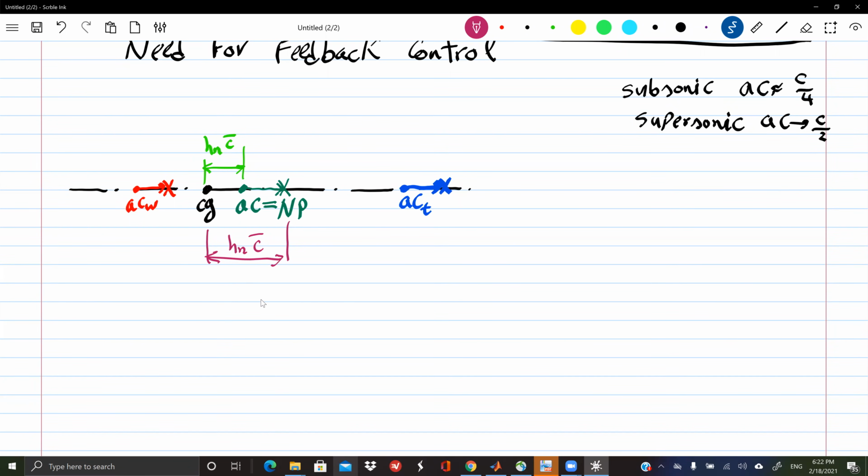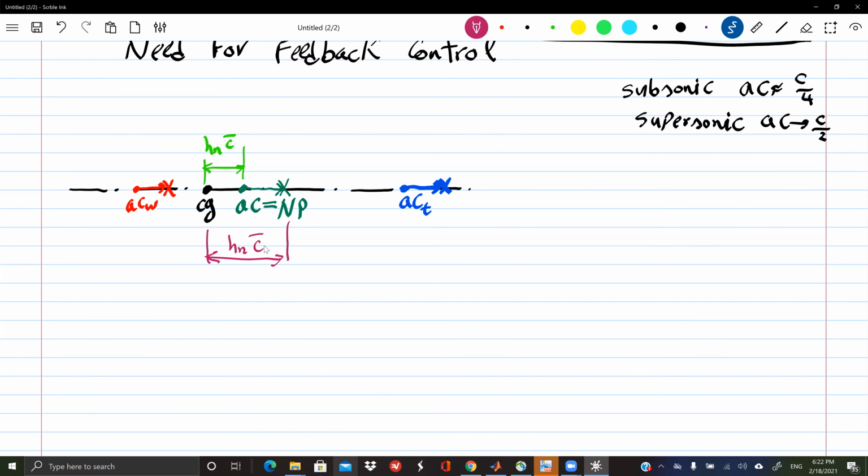So what's the problem with that? The problem is now in the supersonic regime. Usually supersonic means it's a fighter airplane, right? So it's a fighter airplane, and this is its operating point in the supersonic. I have too large a static margin, which means too heavy stability.